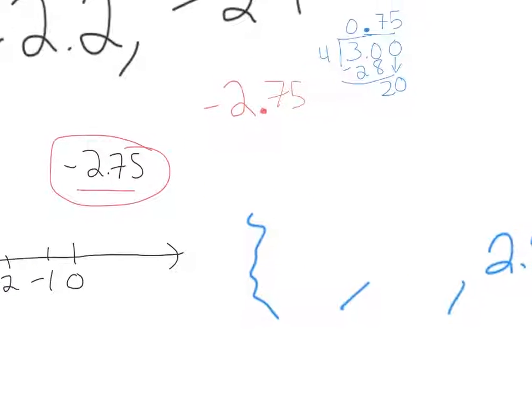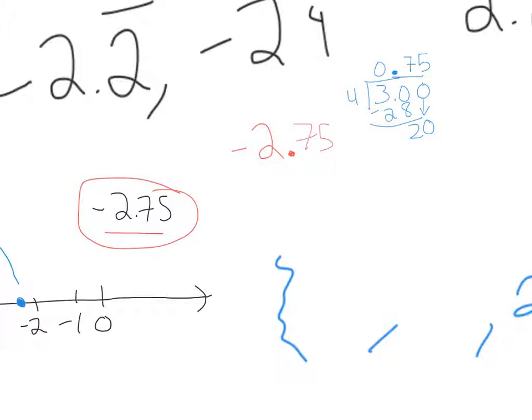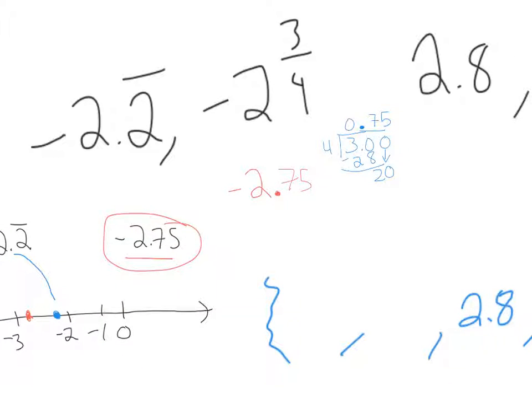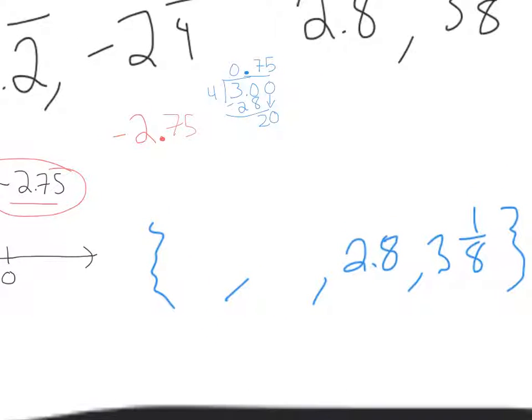So I'm going to put negative 2.75, which was also negative 2 3/4. Those are equal. So let's put that right here. Negative 2 3/4. That's your smallest number.